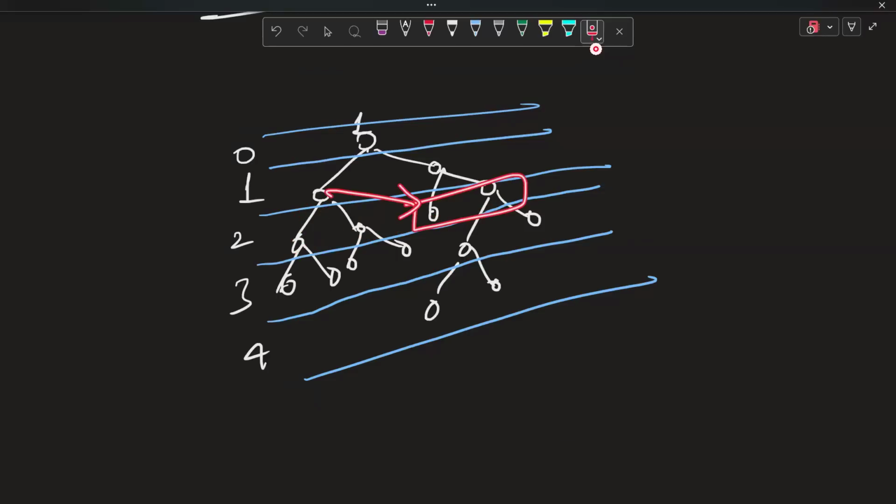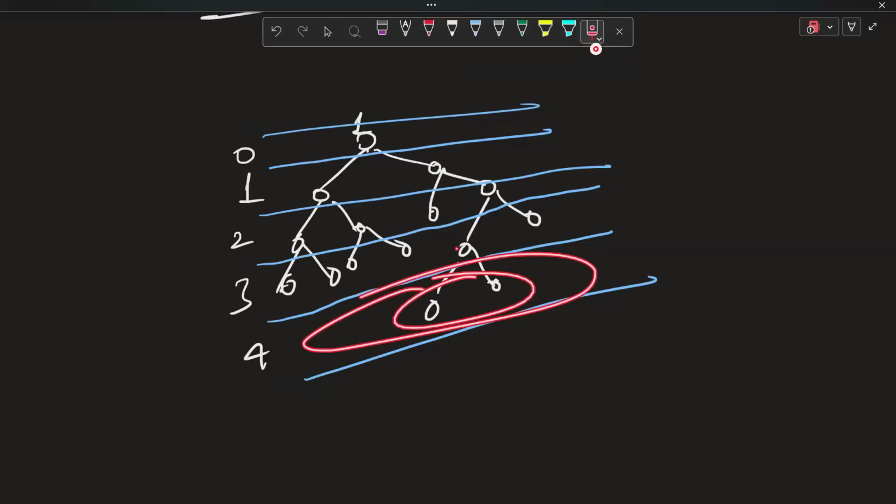Same way, if you are at this node, you can move to all the nodes in the next level except these 2. And if you are here, all nodes in the next level are connected, so you cannot move forward. So what would be a valid sequence?